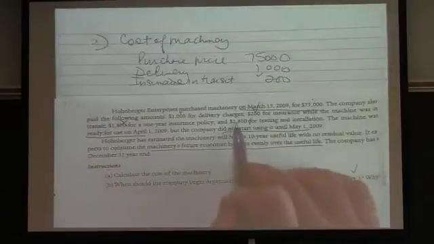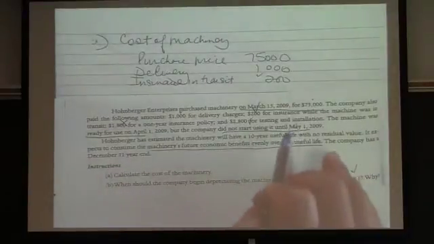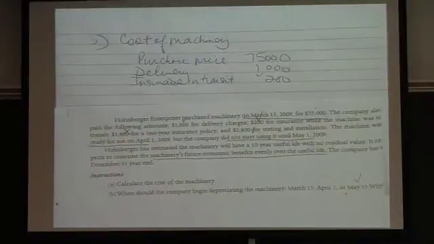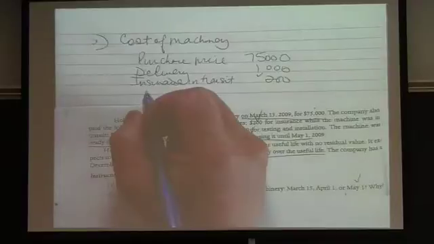And it says $2,800 for testing and installation. Again, we need to test the machine and we need to install the machine to make it useful and safe for our employees and to get the machinery to its useful condition. So the answer is yes, we need to add that to the cost of the machine.